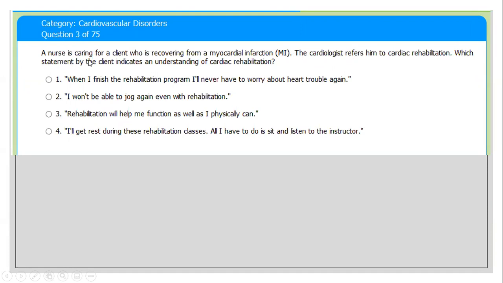Which statement by the client indicates an understanding of cardiac rehabilitation? Myocardial infarction, also known as heart attack, is damage to the heart muscle caused by the loss of blood supply due to the blockage of arteries, right? Very important to know.